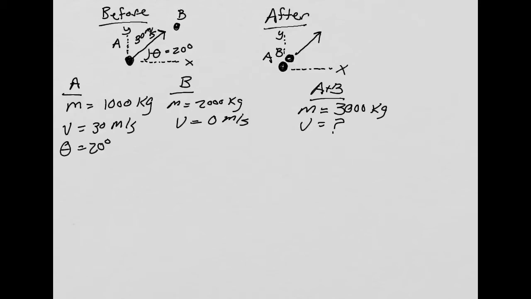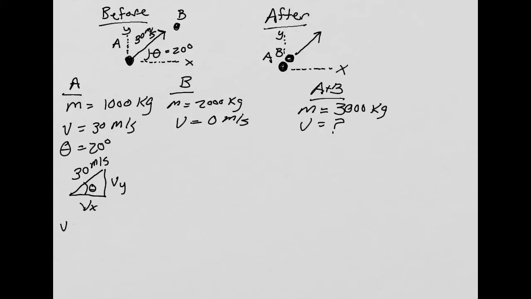So our next step is to break down our velocities into their respective components. Here we have an x and y axis, but our velocity is a hypotenuse of a triangle. So if we draw our triangle, we have Vx, Vy, theta, and this is 30 meters per second.